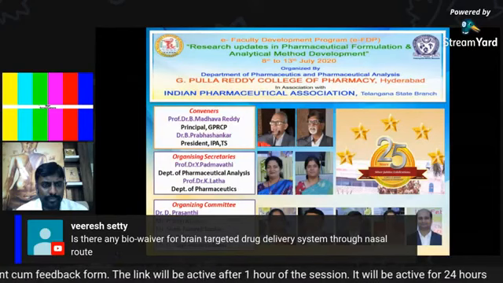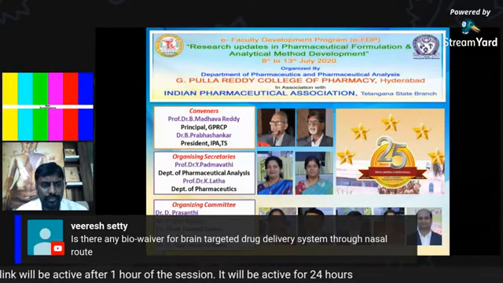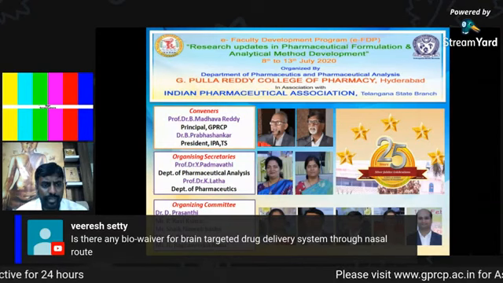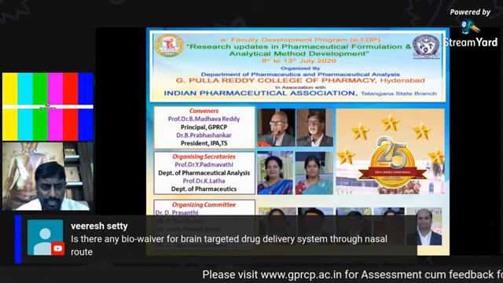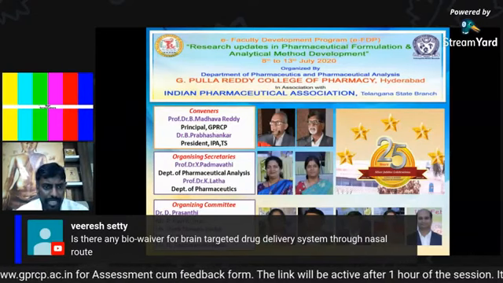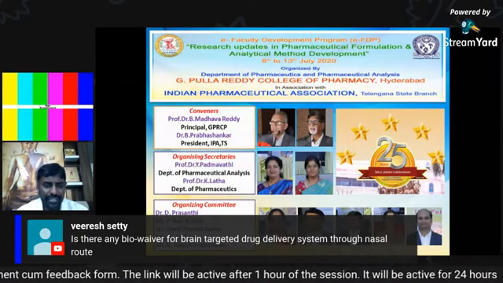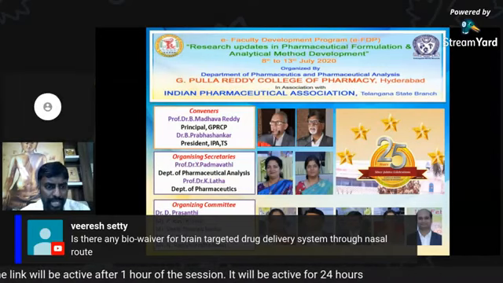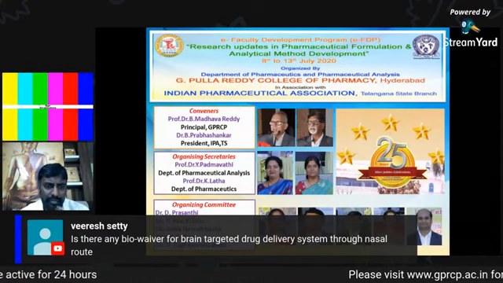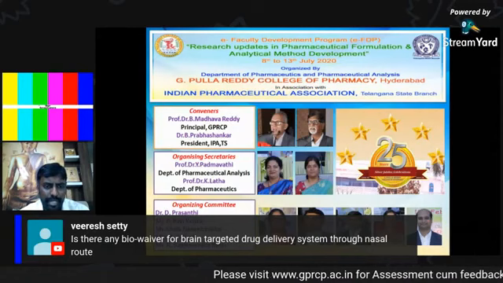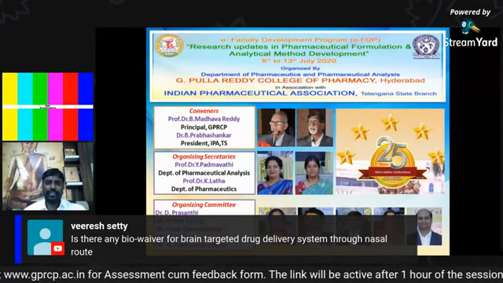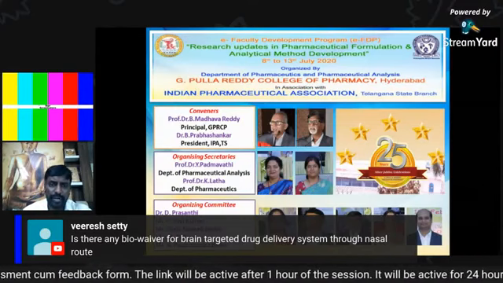Is there any biowaiver for brain-targeted drug delivery system through the nasal route? It's not based on targeting to which part of the brain or body the biowaiver is given. As I told you, it is based on your dosage form design, what kind of formulation it is. Brain targeting is an advanced drug delivery system, and biowaiver is definitely not possible. In fact, bioequivalence also may not be possible, unless we have an approved reference product in the market.